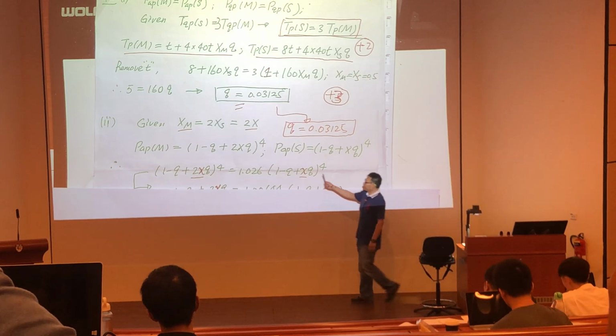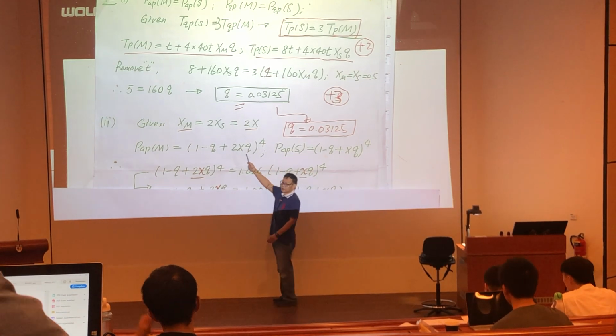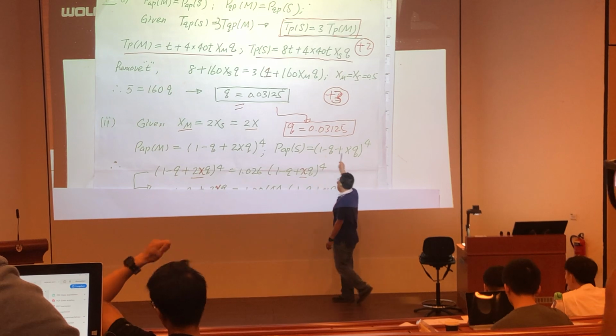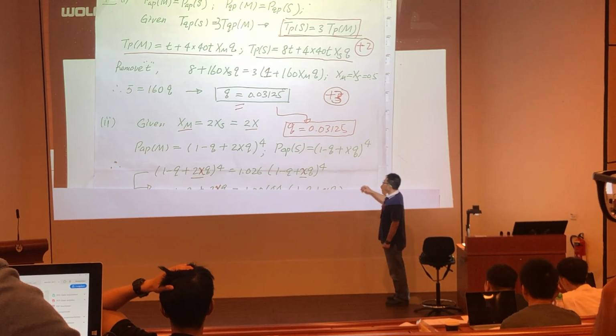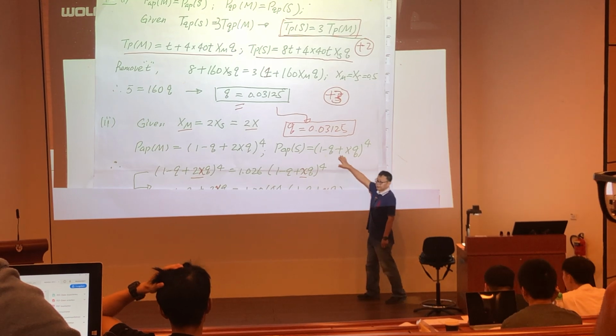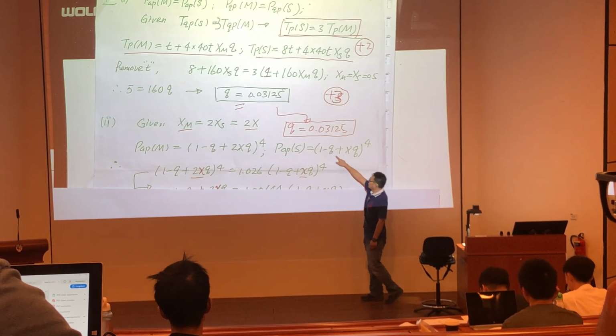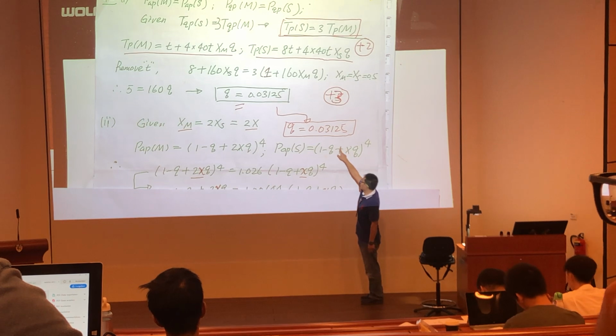This is PAP-M, multi-station machine. This is PAP-S. As for Q, it is still the same for both. So Q, we will use this.